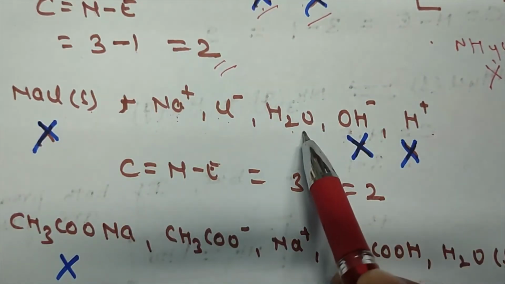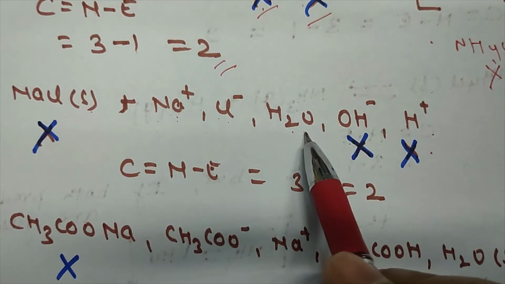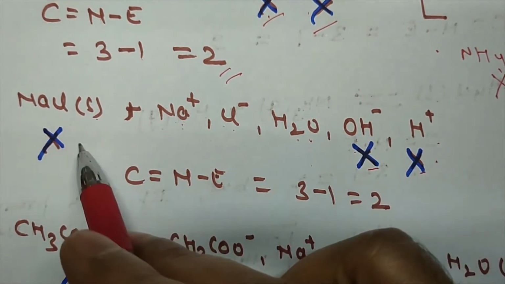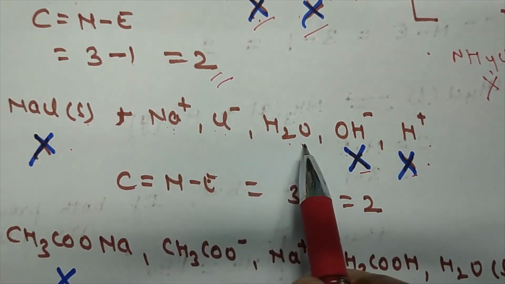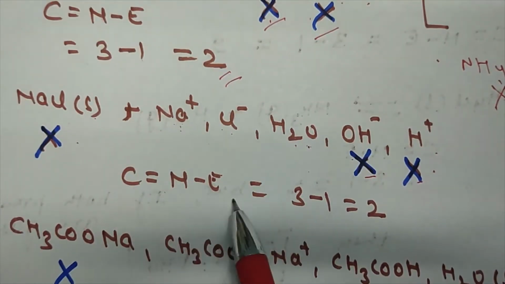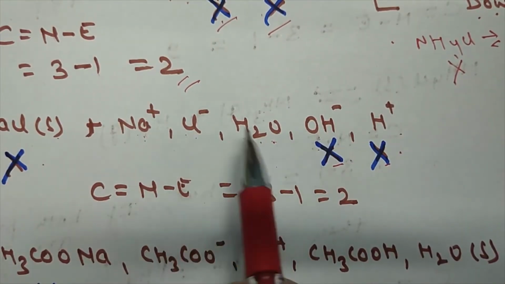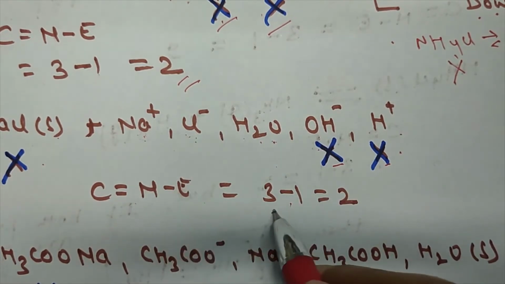But if water and its ions are given, then don't consider the ions, you may consider the neutral molecule. Then you don't consider these, and what you consider are Na plus, Cl minus and H2O. Then C is equal to N minus E. It means you have only 3 chemical species, 1, 2, 3, and the neutrality, like their ions, 3 minus 1.